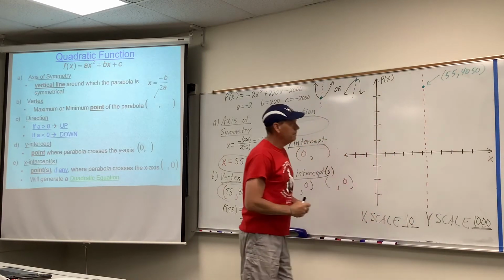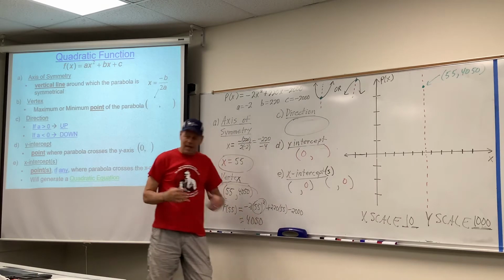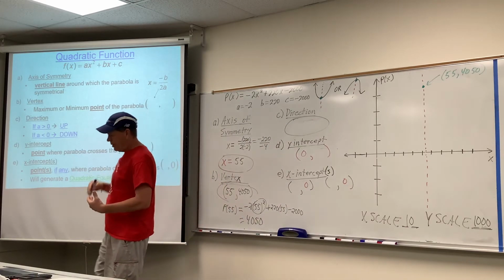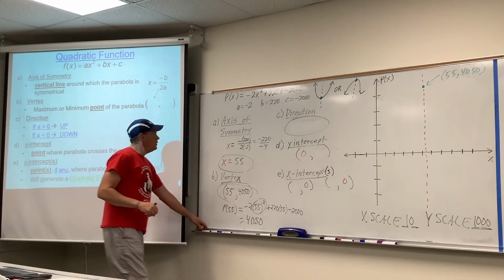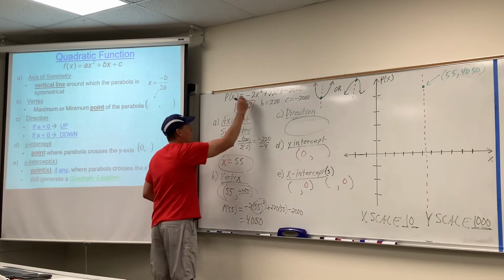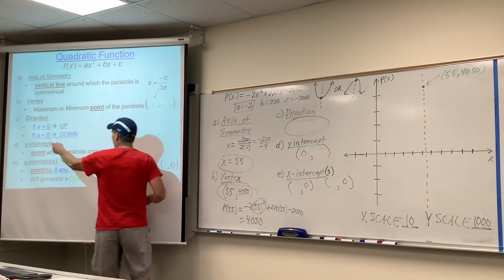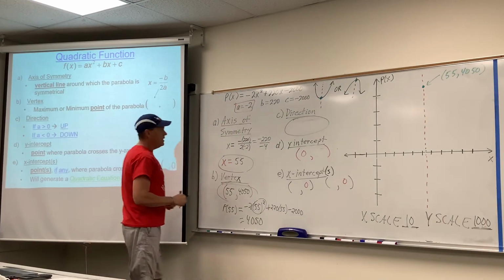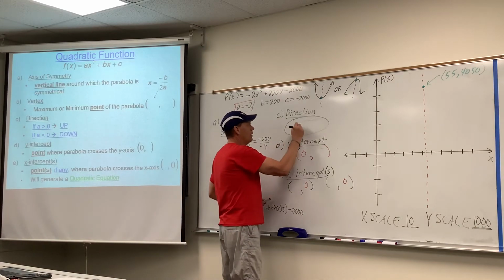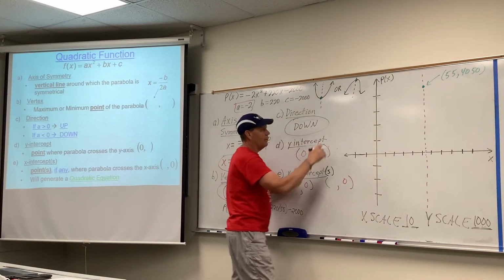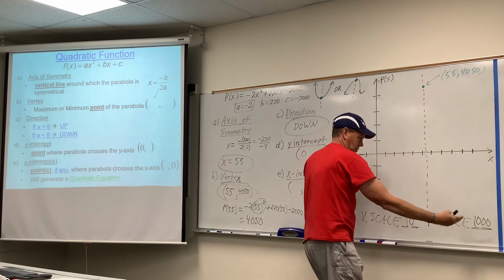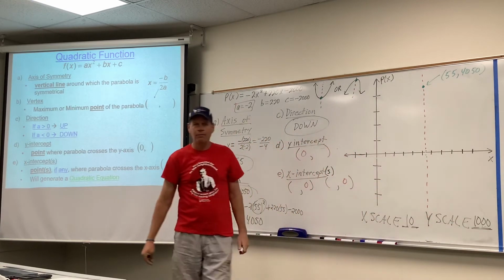All right, that's our vertex. Mechanical cookbook. All right, what direction does it open? Well, the value of a is less than 0, so that indicates downward. So this parabola will open downward. All right, keep that in mind. That's important for later on.